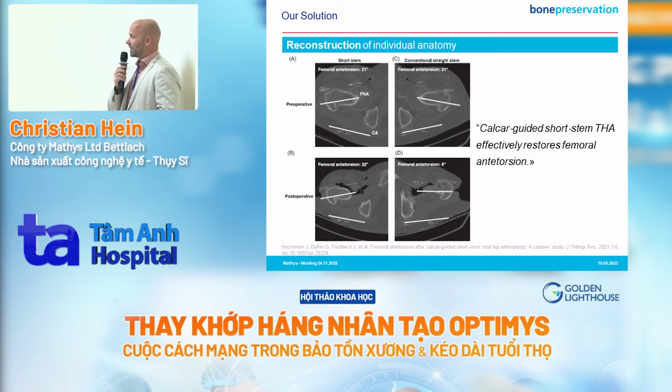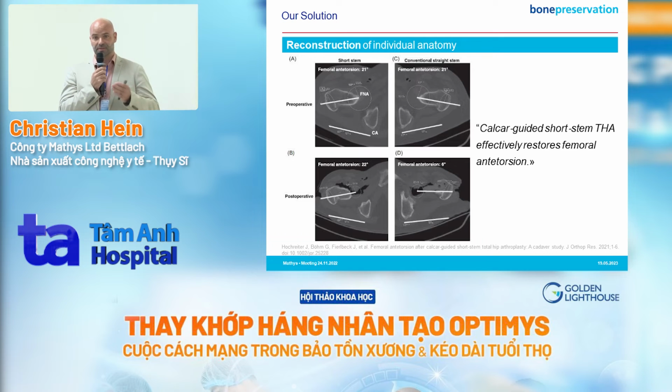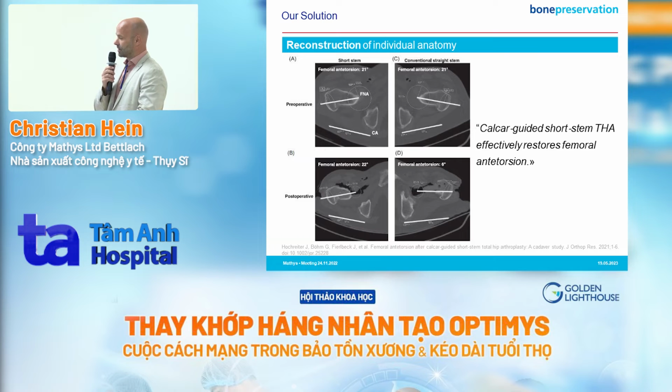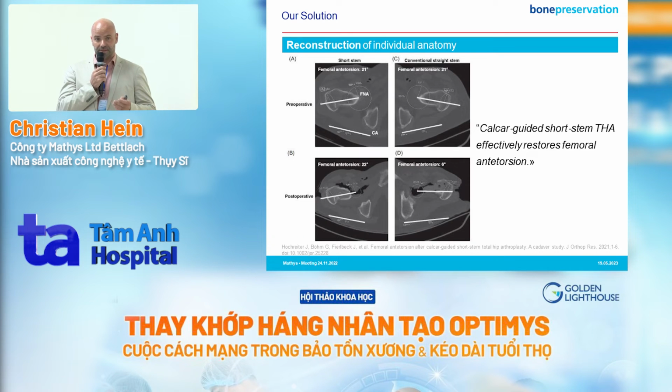We have made a study on this and looked at a specimen, and what we have seen is we could reconstruct the femoral anteversion from the preoperative 21 degrees, and we stay at more or less 22 degrees, whereas a straight stem automatically reduces the anteversion from 21 down to 6 degrees. So again, thinking about dislocation and anteversion and having this kind of reduction, you are probably not really able to reconstruct the anatomy in a perfect manner.